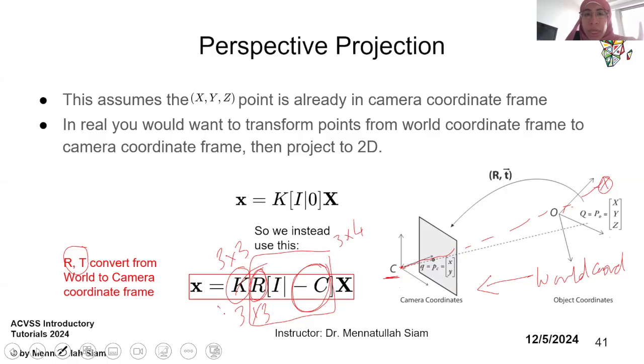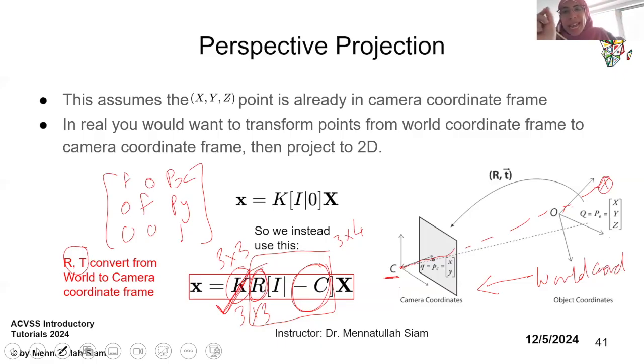While the intrinsics, the K matrix that, if you remember, had the focal length, px, and py, are internal parameters, meaning they are literally some property inside the camera, regardless of its location externally with respect to the world frame. So this is the final projection matrix.